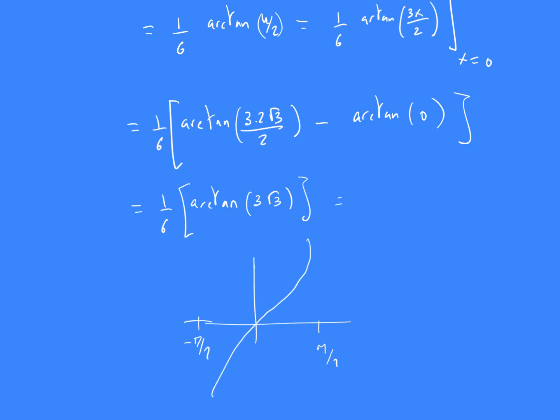So I'm looking for the number 3 square root of 3, and I'm looking for what is the angle. It's something between minus pi divided by 2 and pi divided by 2, but which one? I'd better use the calculator and look at the number.